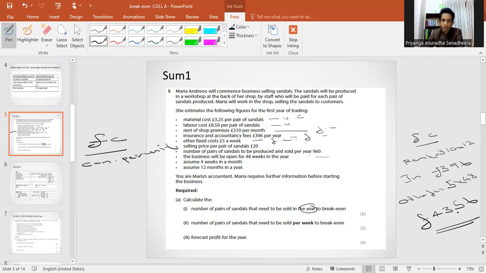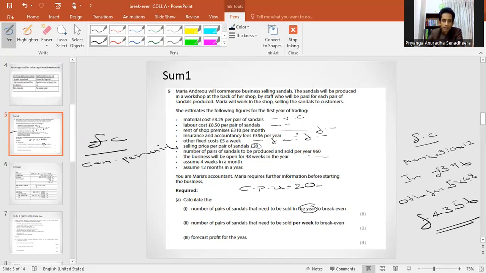Now you have finished calculating the fixed cost line, and the next step is to get the contribution per unit. Contribution per unit equals selling price minus variable cost. Selling price is given here, it's 20, minus variable cost.